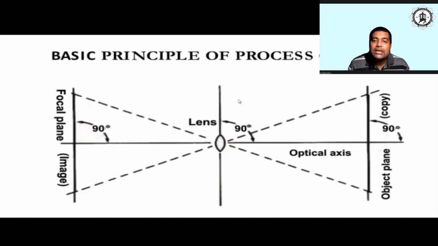So they are arranged in a horizontal plane. You can see there is a single plane on which the copy board, the focal plane, as well as the aperture of the camera system all lie. That is why it is known as the horizontal process camera.